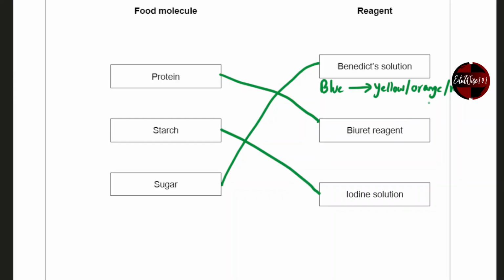And for protein, it goes from blue to purple, and iodine is orange in color, it changes to blue-black, or you could say purple.